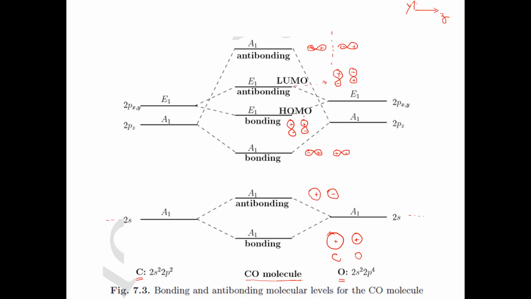Actually, in the molecule, the PX and PY states remain degenerate, because there is the symmetry between PX and PY when I rotate by 90 degrees. So that's why these two states are degenerate. So these are doubly degenerate states, bonding and anti-bonding, and the degeneracy is just PX PY degeneracy.